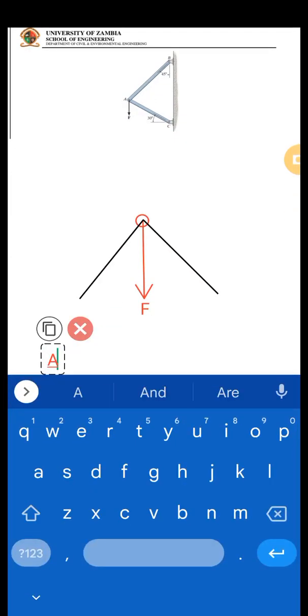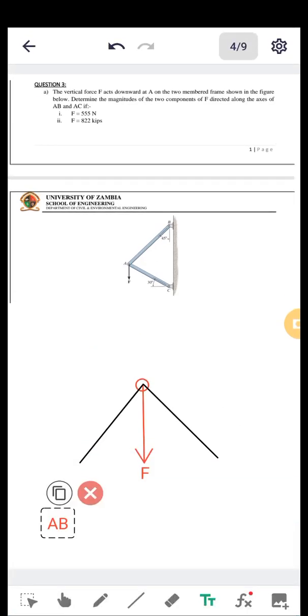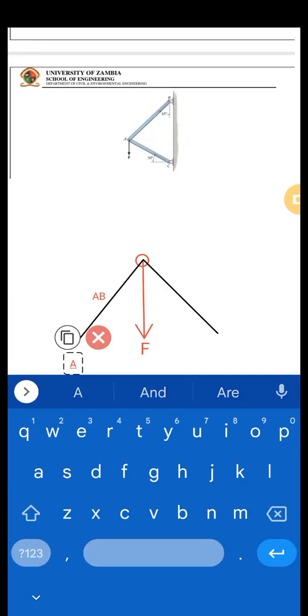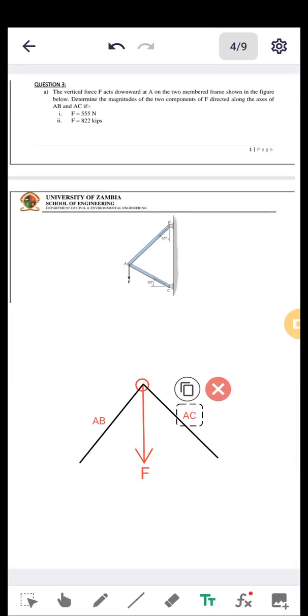So this is force AB, and this is force AC. What we have simply done is connect the tail of this one to start from this point, going this direction, and the tail of this one at this point. Now we can further proceed. Let me just extend a bit.